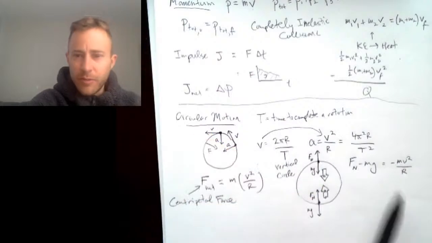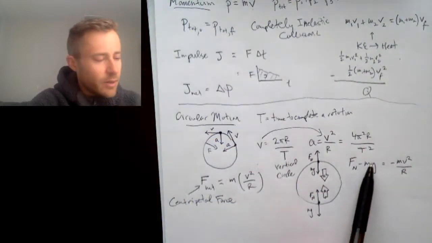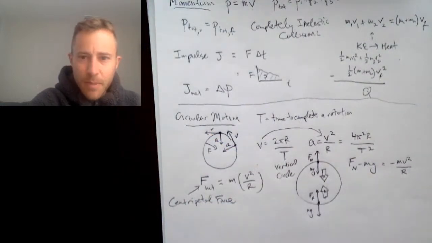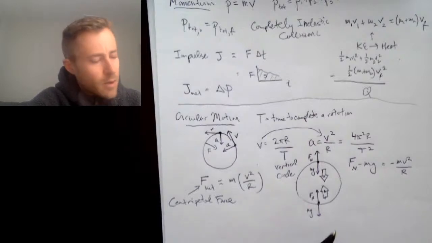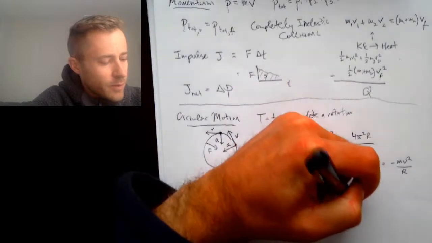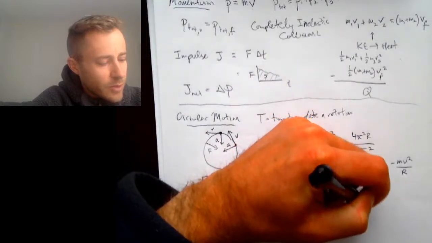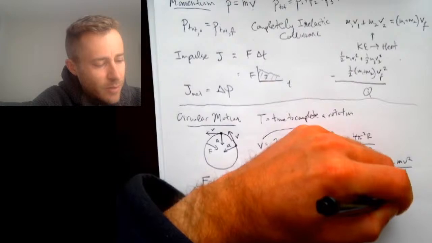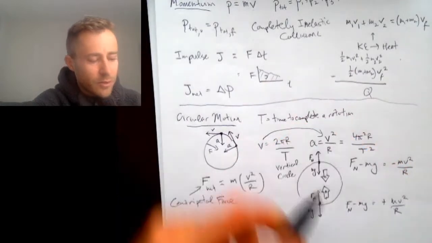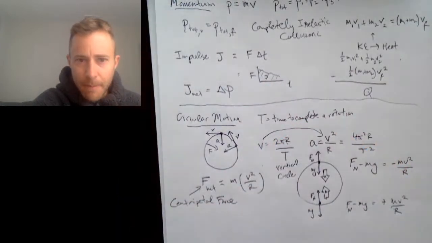The negative is because the acceleration is downward. Whereas at the bottom of the vertical circle, we have normal force minus mg equals positive mv squared over r, because now the acceleration is upward.